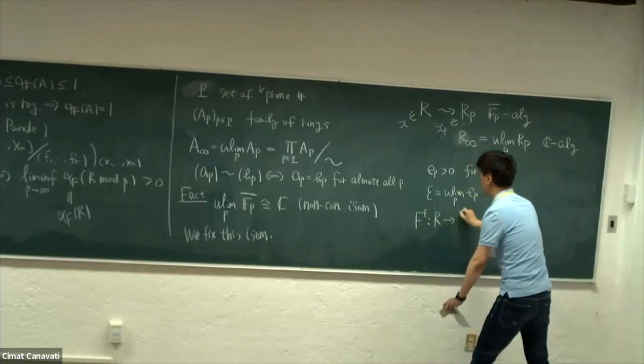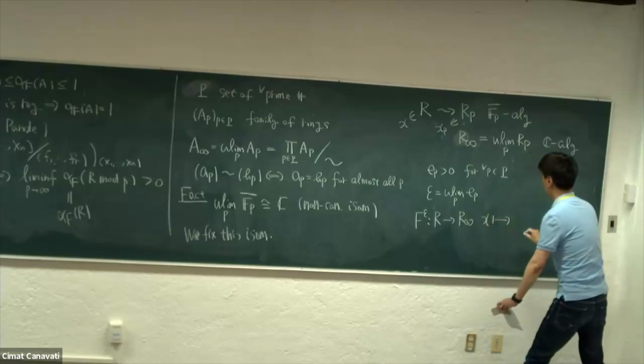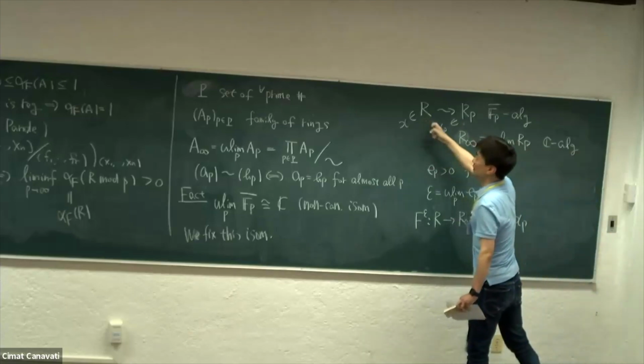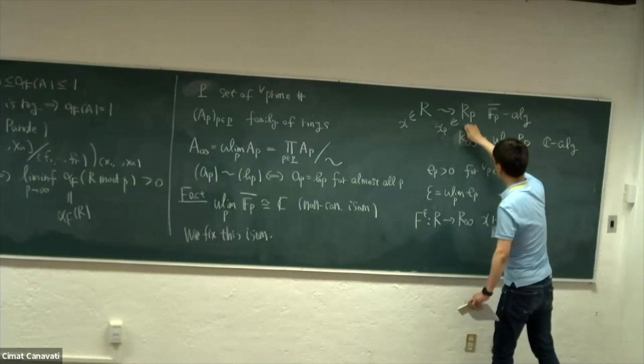We have a map from R to R infinity, which sends X to X sub P. So if we have an element X in here, then as I explained, we have an element X sub P in here.